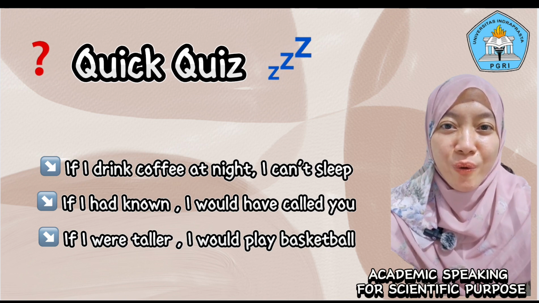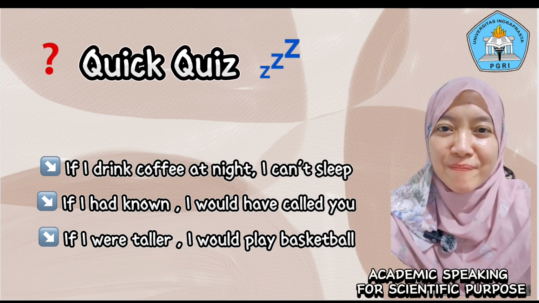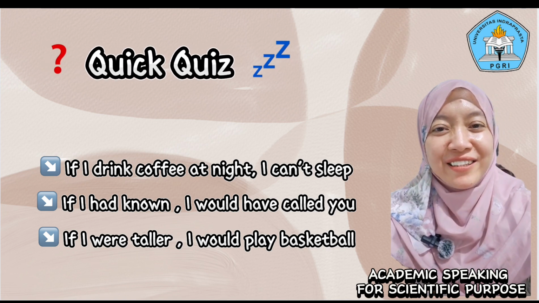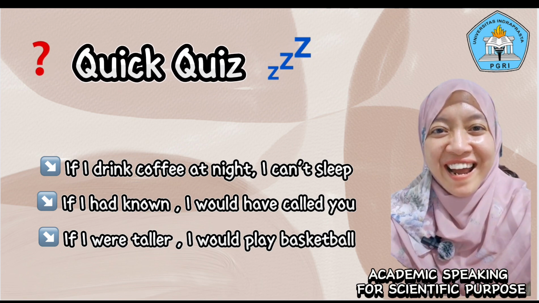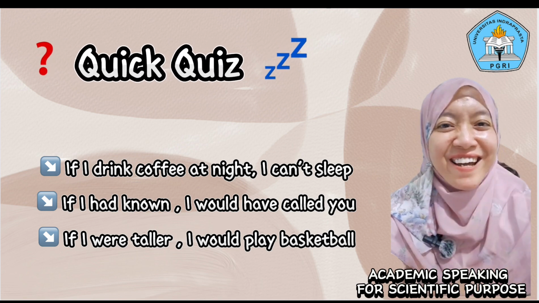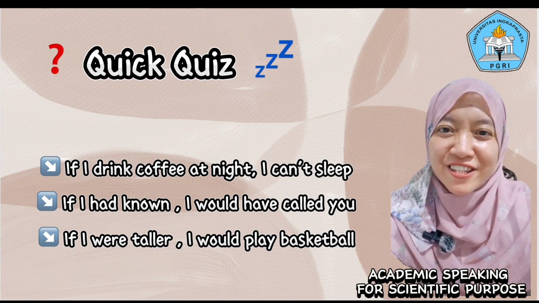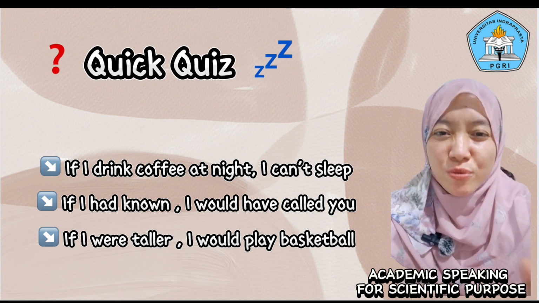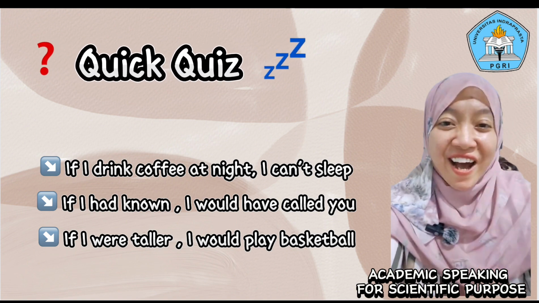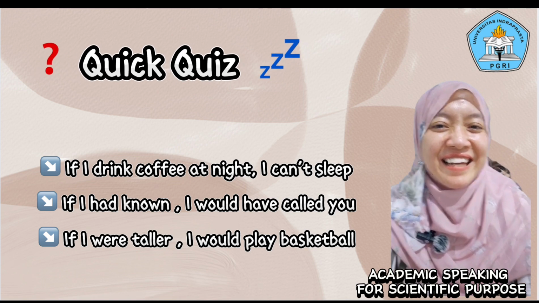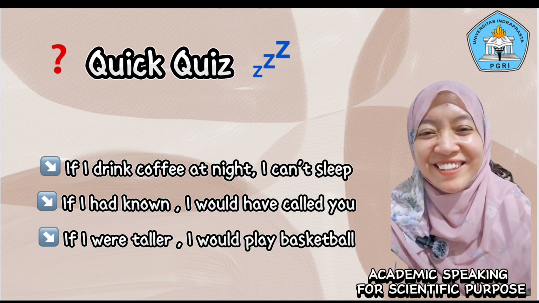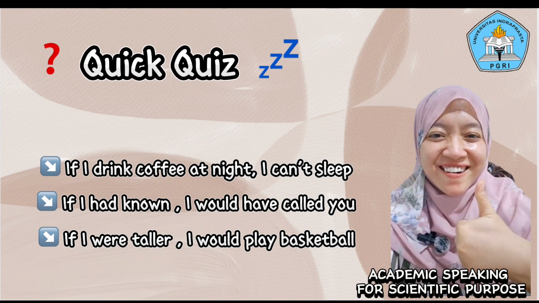If I were taller, I would play basketball. What do you think? Alright, that's great. It's type 2. An imaginary or unreal situation now. Awesome job, everyone! You're really getting the hang of conditionals. Yay, good job!